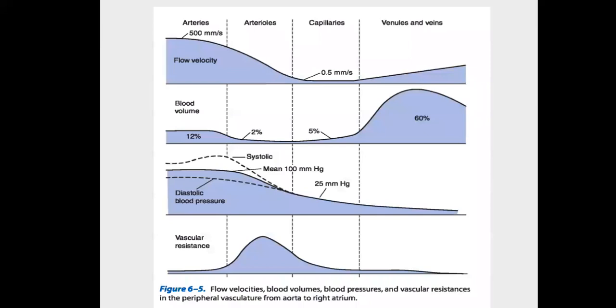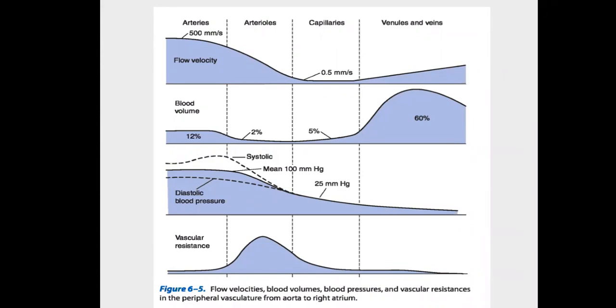So, going to talk about the pressure again, a picture to remind you. The pressure is higher in the arteries and arterioles, and there are two components of the blood pressure, systolic and diastolic, according to the timing of the heart muscle contraction.